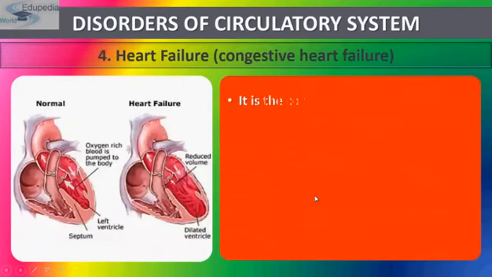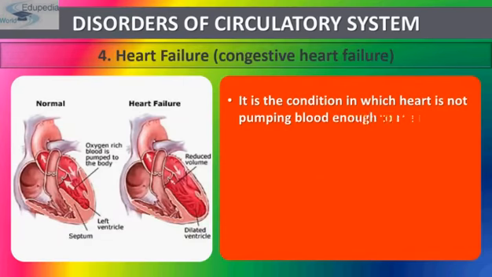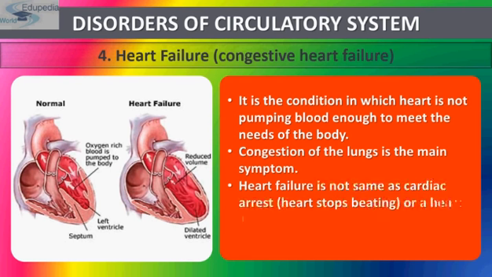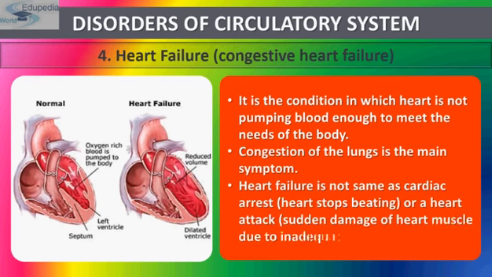Now comes heart failure. Heart failure is also known as congestive heart failure, okay. It is generally defined as progressive weakening of the heart muscles and the failure of the heart to pump blood effectively to meet the needs of the body. Hypertension increases the amount of load on the heart. This results in significant enlargement of the heart, which finally results in heart failure.